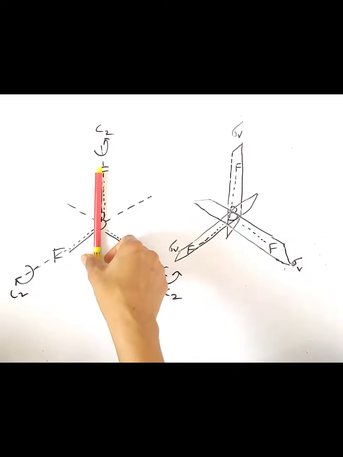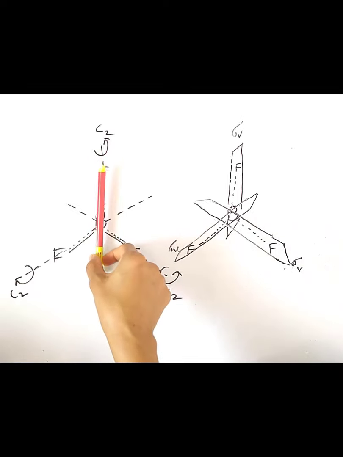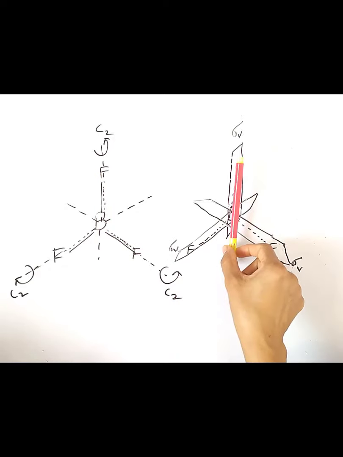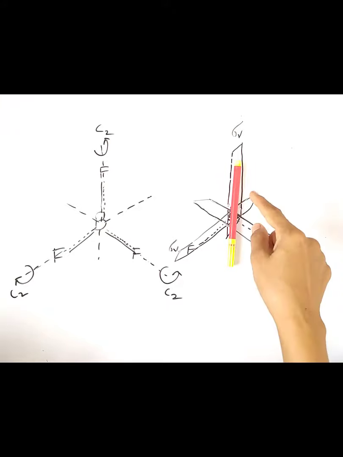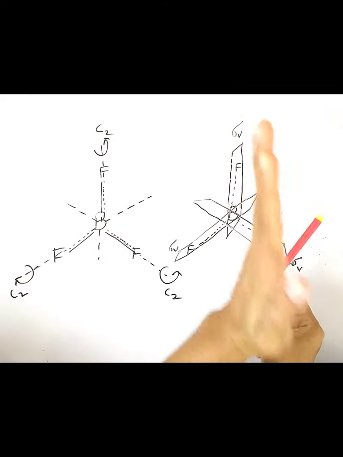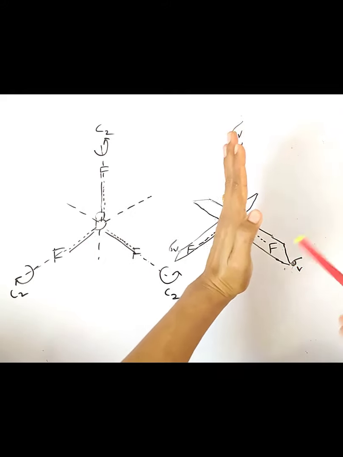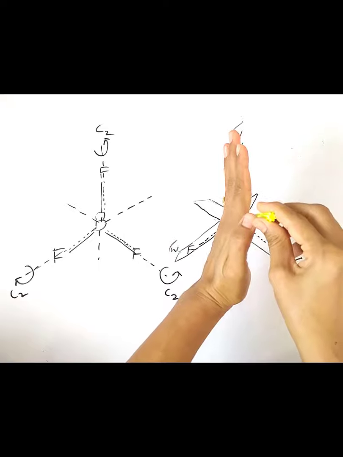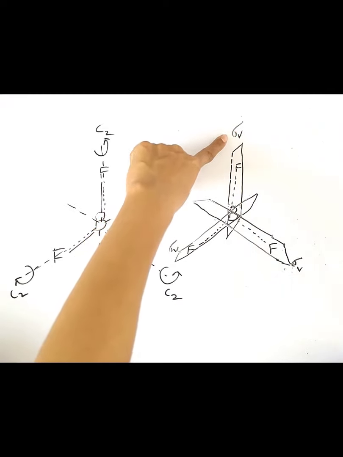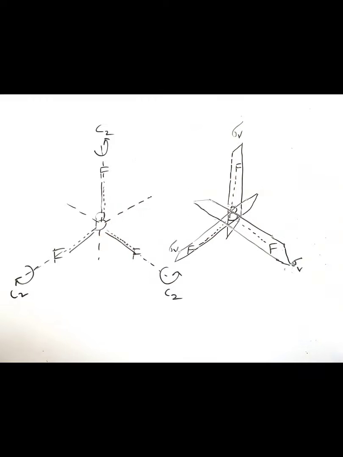The place from where we can pass the C2 subsidiary axis, from the same place we can pass the plane also. And as we have passed the plane like this, as this plane is parallel to the principal axis, we have referred to it as sigma V, that is, vertical mirror plane.